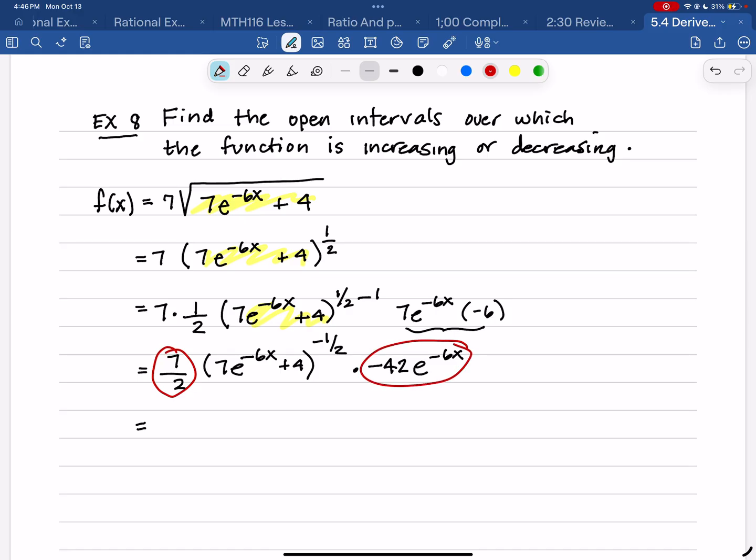I've got to do 7 over 2 times negative 42. That's going to be a negative 147, e to the negative 6x times 7e to the negative 6x plus 4 to the negative 1/2.